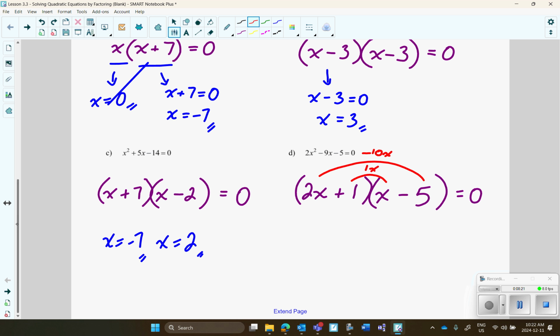Now notice this is a little bit different. So what value of x makes this 0? Well, remember, write that. What value of x makes 2x plus 1 equals 0? Now you got to solve it, and this one's a two-stepper, isn't it? Subtract 1 from both sides.